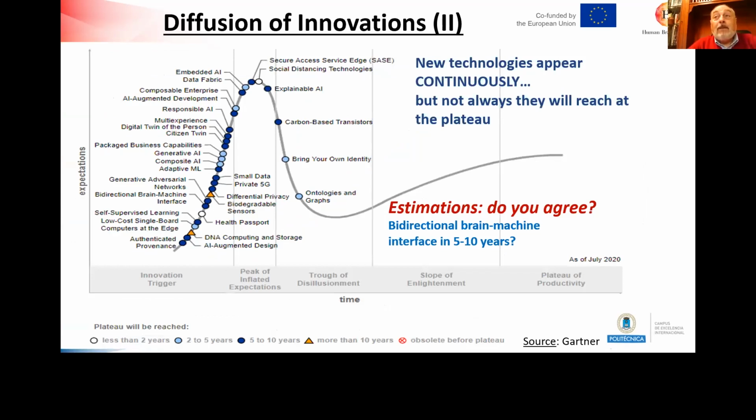Obviously, technologies based on that could enter into the market and diffuse into the market with more or less speed. Here, one area that many large consultancy groups are working very well on, Gartner is an example that I'm using here, is to produce periodically this kind of graphs with the idea that some technologies will evolve over time.